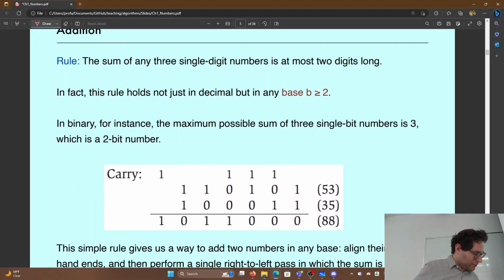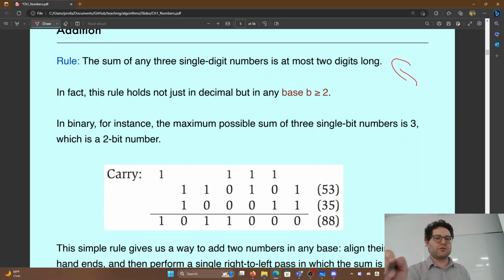There's a truth here that's useful in doing that. The sum of any 3 single-digit numbers is at most 2 digits long. Why is that important? First off, it's true in any base. In binary, if we add 3 ones together, that's going to give us 1, 1.